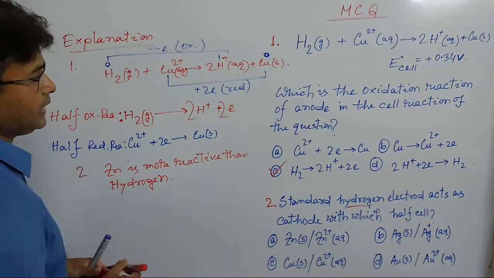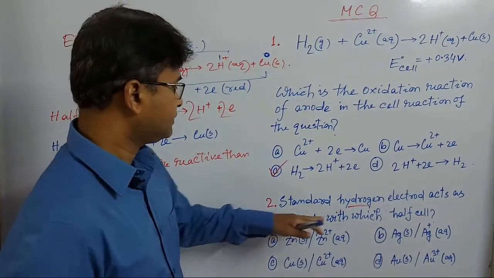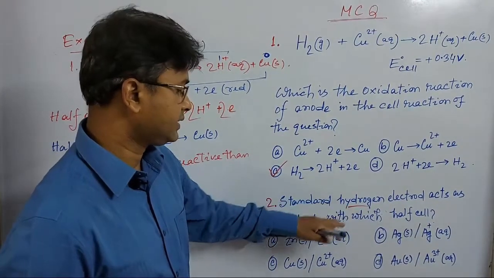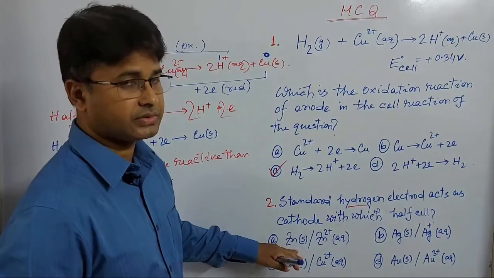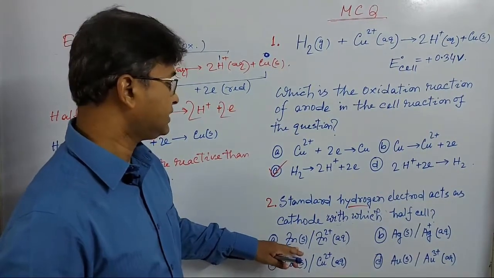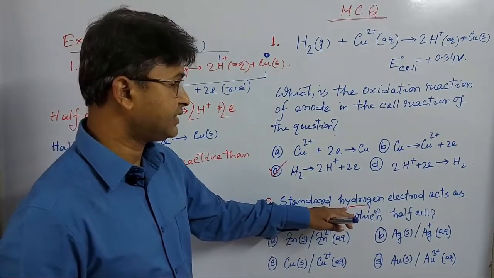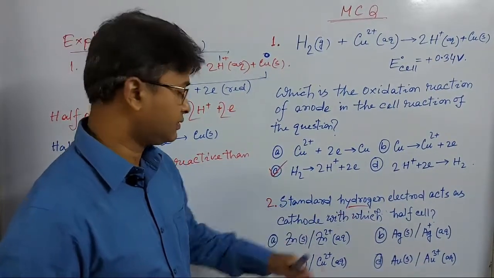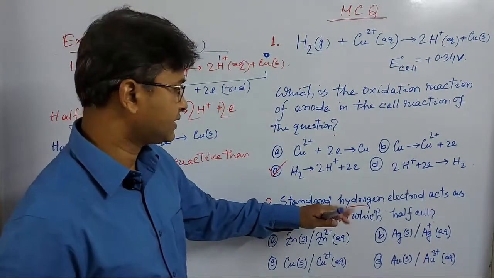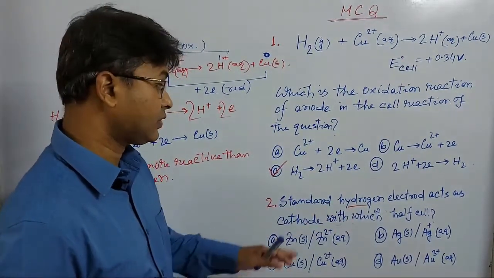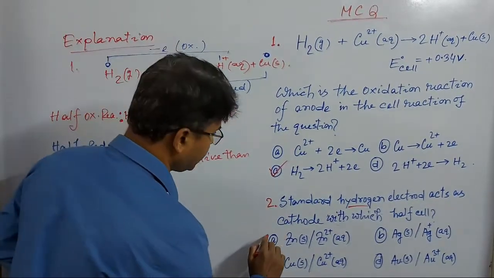So if hydrogen electrode is attached with this half cell, I mean zinc electrode, in that case zinc electrode will be anode and a standard hydrogen electrode will be cathode. So my question is, standard hydrogen electrode acts as cathode with which half cell? So the answer will be A.